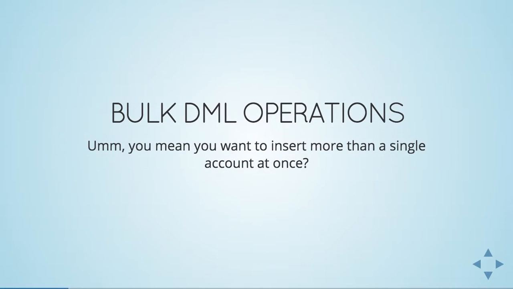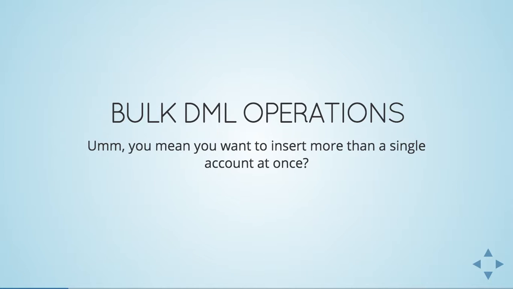Another thing to keep in mind when you're working on your Apex triggers, and really Salesforce development at large for that matter, you always want to make sure that your code is bulkified. A lot of folks start out writing logic that assumes they're always dealing with a single record.